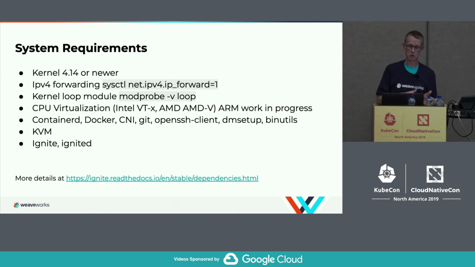There is no ARM support yet, but it's in process. And Lucas, who I mentioned earlier, who created most of this technology, is working on Raspberry Pis to be able to run Firecracker VMs using Ignite. I think he got that submitted just recently, so we do have ARM now.